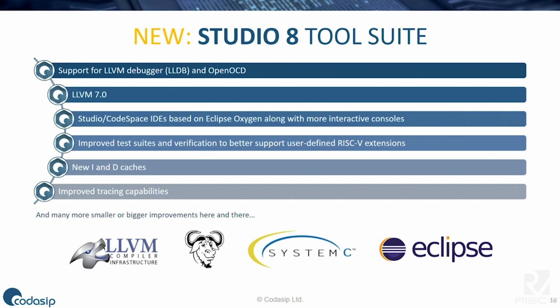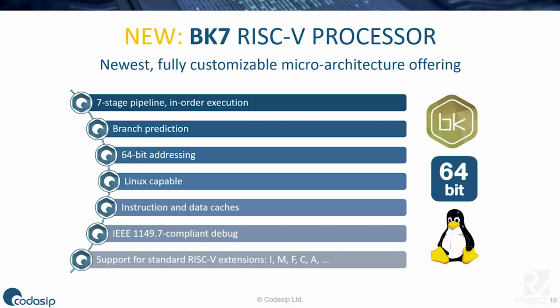So the new Studio brings a lot of new features that are targeted to the RISC-V domain, and you can leverage every single one of them. And we used Studio 8 to build a new core, which is BK7, which is a Linux-capable core. It's a 64-bit core with everything you would expect from a Linux-capable core.